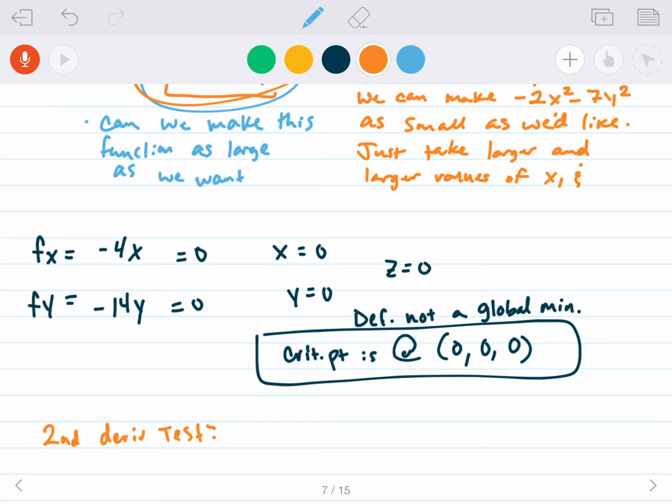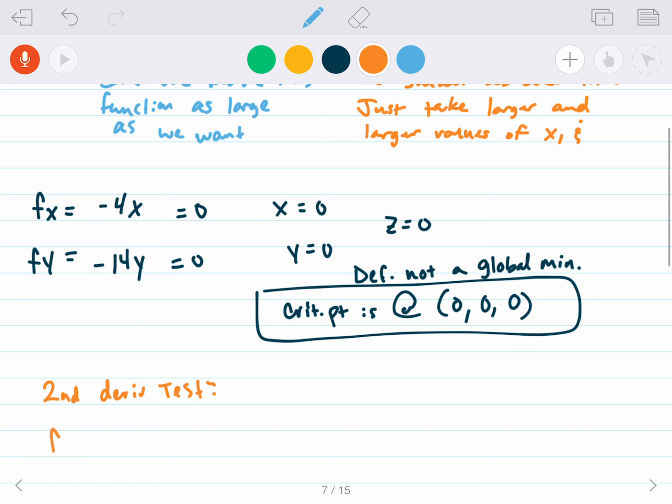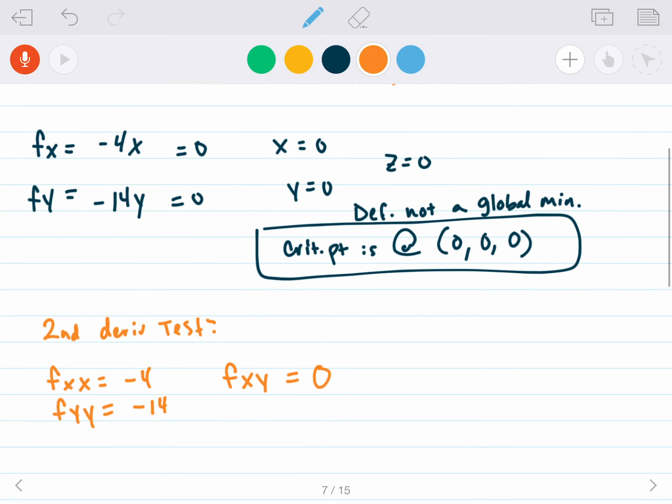So that tells us that if we take the second partial with respect to x, we get negative 4. The second partial with respect to y is going to be negative 14. fxy is going to be 0. Okay, so for the second derivative test, we have D equal to negative 4 times negative 14 minus 0 squared.